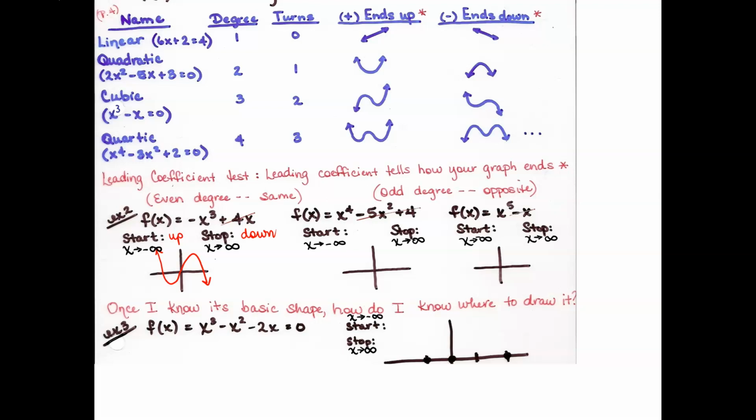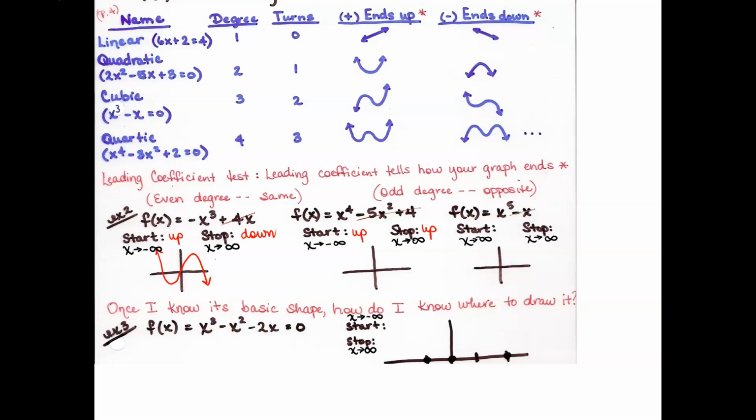All right, look at the next one. So for the next one, we've got positive x to the fourth. So how's this going to stop? Up. My leading coefficient's positive, so it's going to end going up. Since it's even, does it start and stop in the same or opposite directions? Same, so how's it going to start? Up.